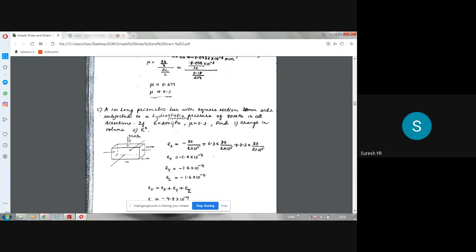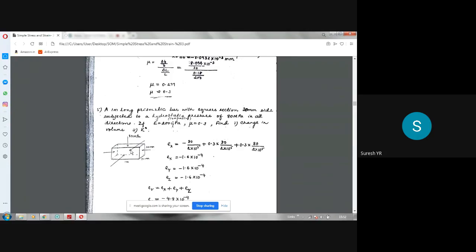Then coming to y direction, 80 MPa is compression in y direction. Therefore, it should be tension in x direction. So we have to take positive. Here, mu will come into the picture because it is lateral strain. Mu is given as 0.3 into the same sigma, because sigma in y direction is also the same. 80 divided by 2 into 10 power 5. Next, in z direction also, we have the same stress, that is 80 MPa.